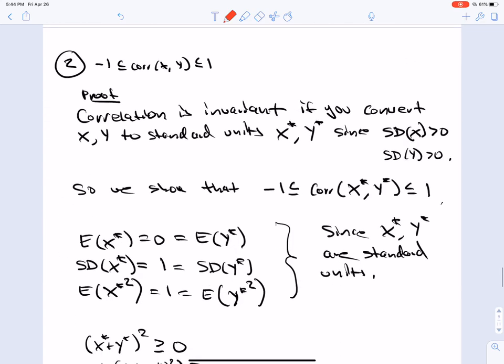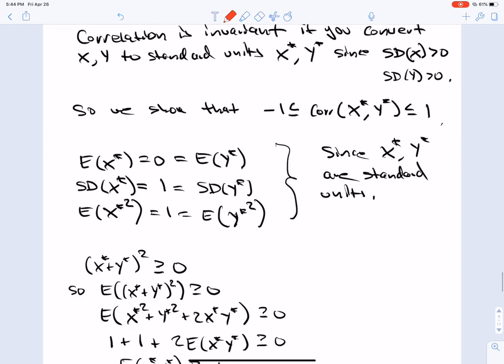Another important property is that the correlation lies between minus 1 and 1. To prove this, the correlation is invariant if you convert X, Y to standard units, X star, Y star. So let's just show the correlation of X star, Y star is between minus 1 and 1. Notice that the expectation of X star is 0 and the SD of X star is 1, just because X star is in standard units.